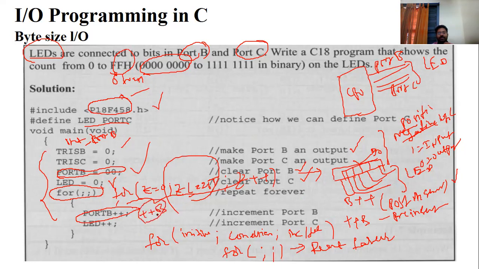But here the LEDs show 0 to 255 only, so I use a post increment. The LED is also post increment. This process never stops. Remember, it is repeated forever, because we have given no condition where you can stop this process.